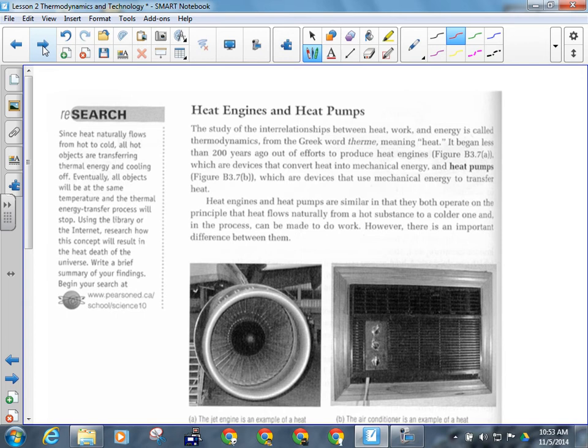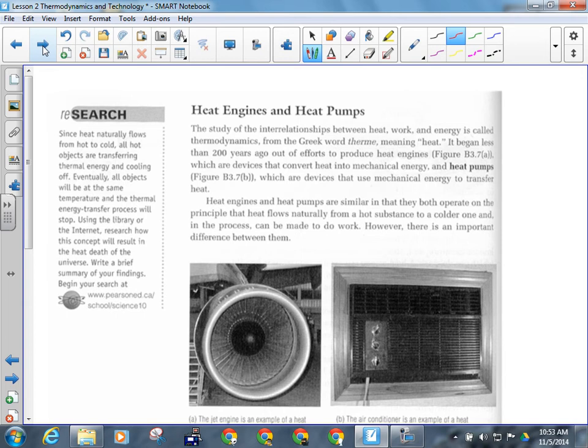So how do you make the heat go from where it's already cool to where it's already hot? Because the second law says it should go the other way, from outside to inside. The only way to do that is to actively pump that heat out, and that requires you to put in energy. A pump uses energy. That's why we call it a heat pump. You can do it, but you have to put energy in.